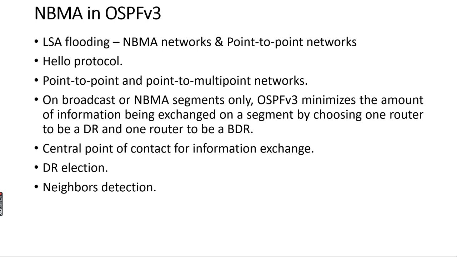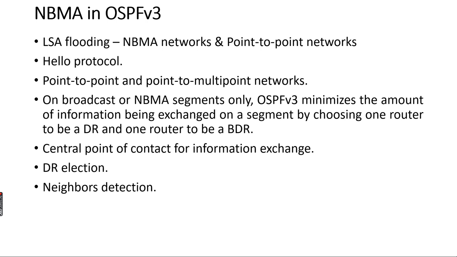And in the point-to-point and point-to-multipoint networks, this flooding of routing updates happens in a proactive manner to the immediate neighbors, and there is no concept of the designated router or backup router in these.